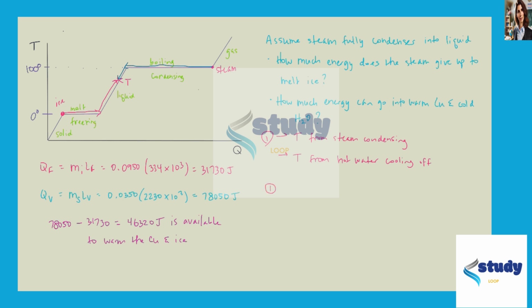So we're going to have the heat added to the copper plus the heat added to the cold water, which I'm going to call CW, equals this 46,320 joules that's available after the steam has melted the ice. And we can find this with MC delta T for the copper plus MC delta T for the cold water.